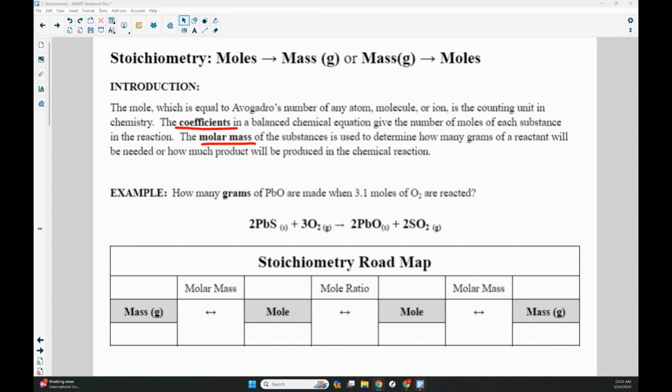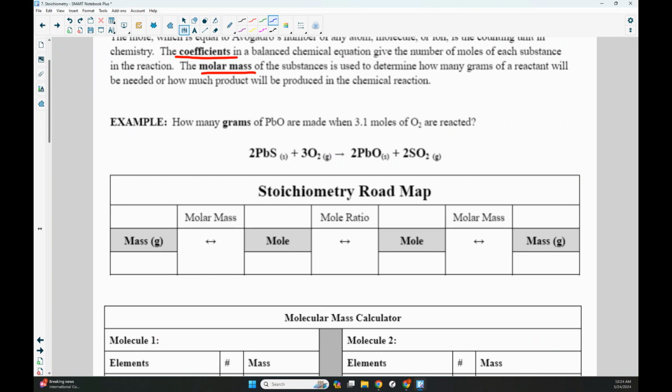Okay, so let's jump right into our first example. How many grams of lead oxide, PbO, are made when 3.1 moles of oxygen are reacted? So again, the first step here is to underline the important components of the question. You might even want to circle those.